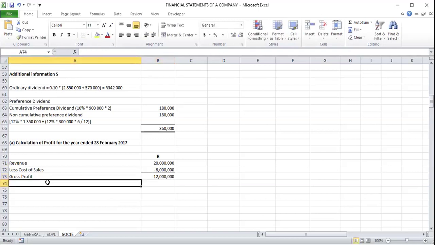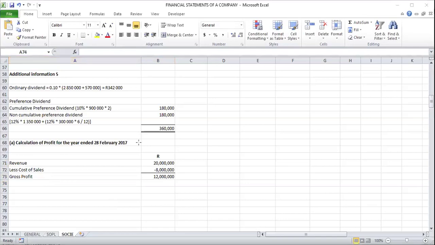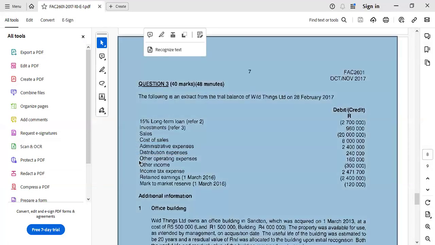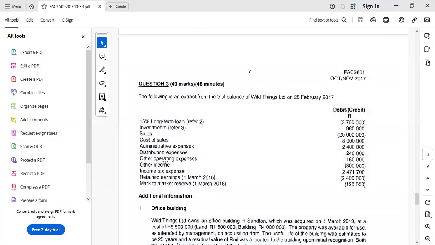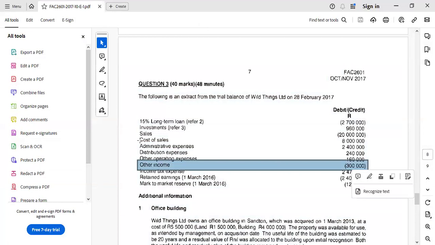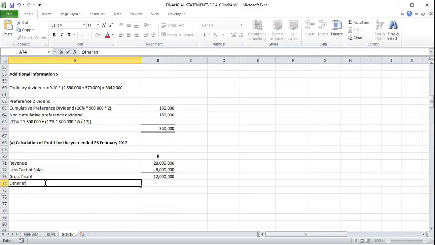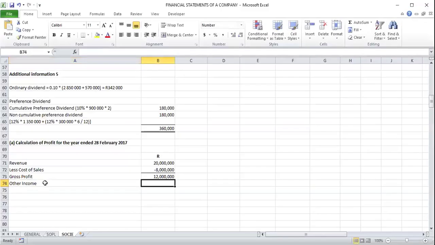Then we have our admin distribution. Let us start with our other income. There's no adjustment. 300,000, and our admin and our distribution, there's no adjustment. So we take them as they are. So I would say other income, $300,000.